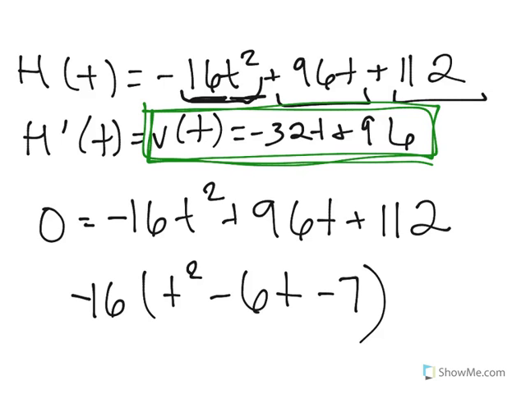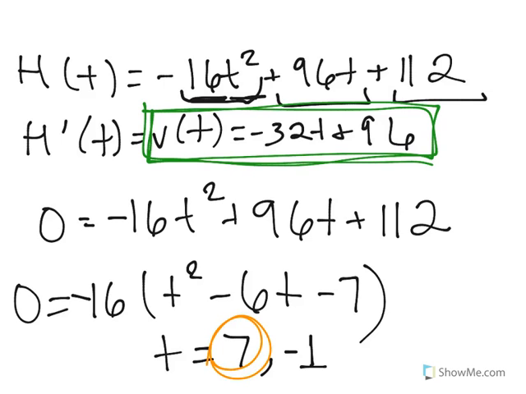We factor this out, and we find that this polynomial is equal to 0 when t is equal to 7 or negative 1. Time cannot be negative, and so our answer here is t equals 7 seconds.